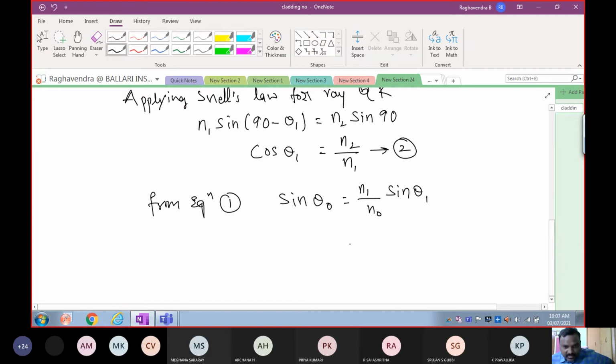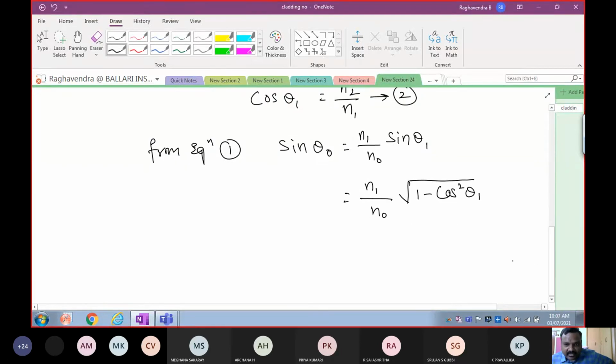So this can be written as n1 divided by n0 into the square root of 1 minus cos square theta 1. Can we write like this? Yes, because sine square theta plus cos square theta equals 1. So in the place of sine theta 1, I have written the square root of 1 minus cos square theta 1.